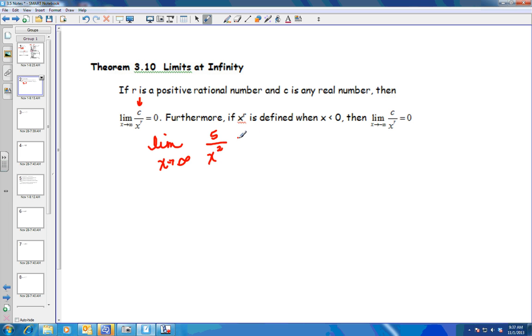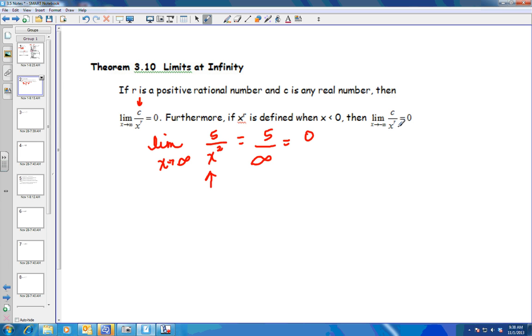Well, doesn't it make sense that if I put 5 over some huge number, infinity squared, let's just say it's 1,000,000 or 10,000,000 or 10 billion, that as x gets bigger and bigger on the bottom, that number is going to get smaller and smaller and smaller, and eventually it's approaching 0. That just kind of makes sense. 5 over 10 billion is a really, really small number, and the bigger my x number becomes, the more I approach 0.